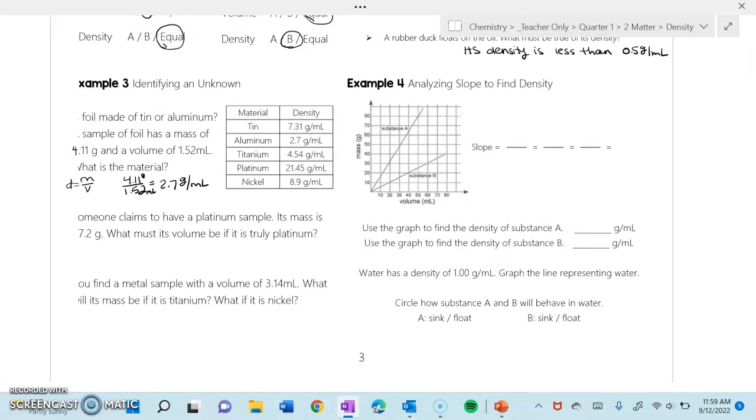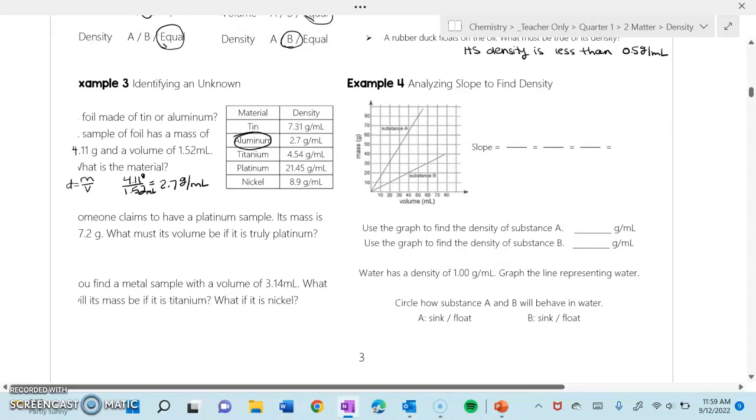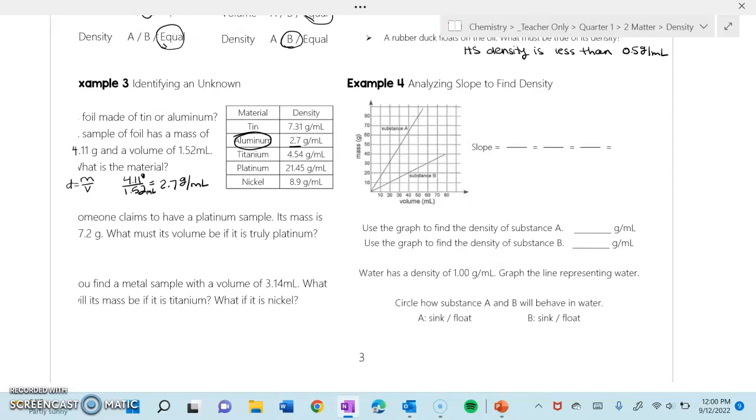Take a look at your table. What material is the foil made out of? Aluminum, because it is 2.7. It doesn't matter how much of the aluminum we had, as long as the ratio between its mass and volume match our density, then that is its identity. Aluminum. Our foil is aluminum.